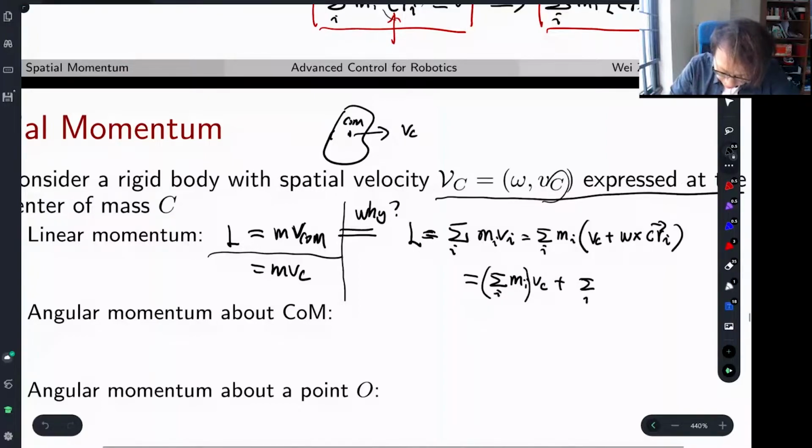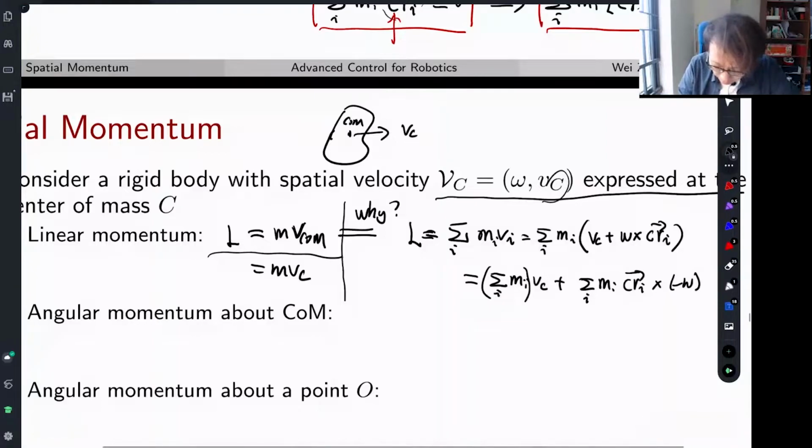Plus summation of mi times omega cross CRi, and if I use AB equal to negative BA, this is negative CRi cross omega.